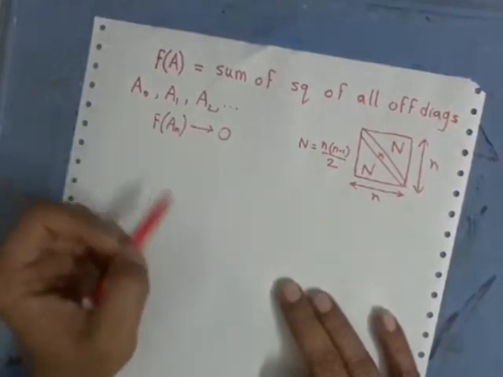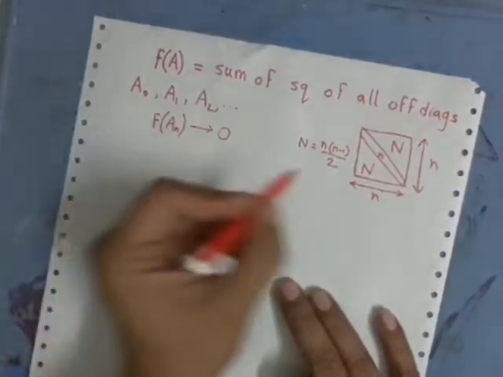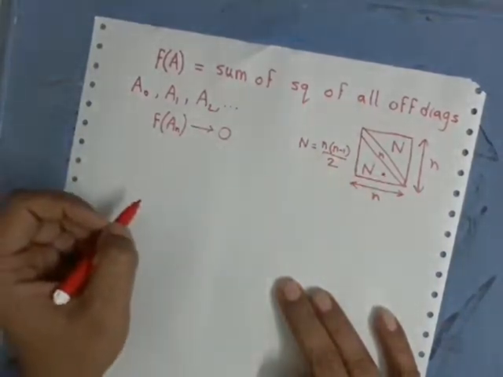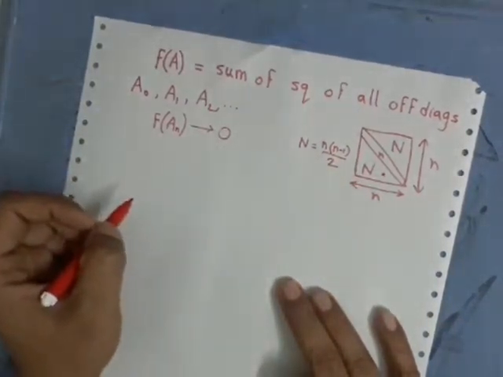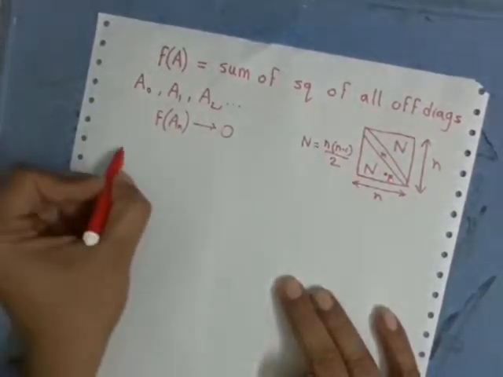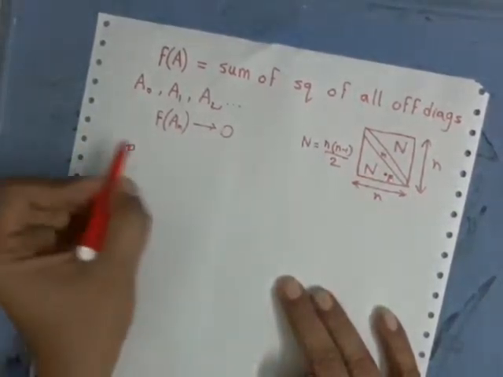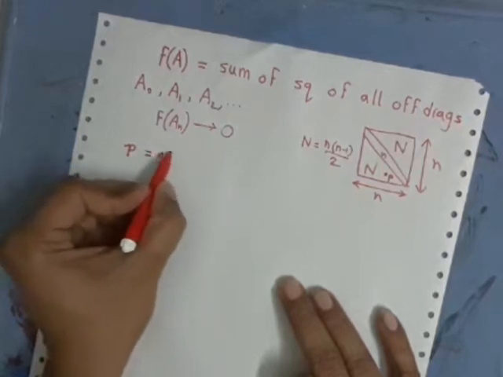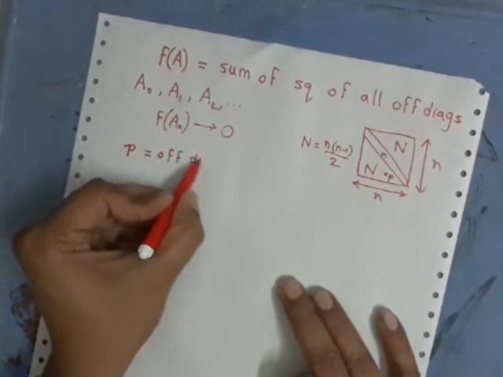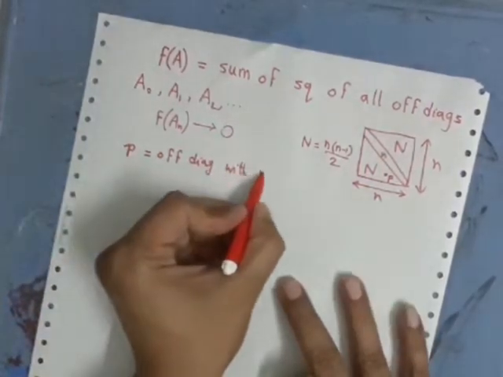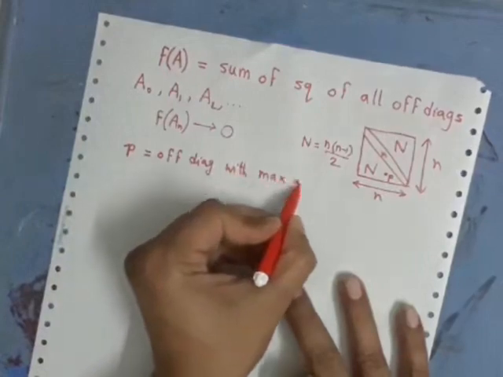Now at each step, what we are doing is picking up that off-diagonal entry which has the maximum absolute value. Suppose I call it P. So P is the off-diagonal entry with the maximum absolute value.